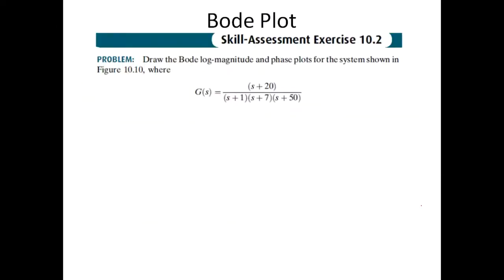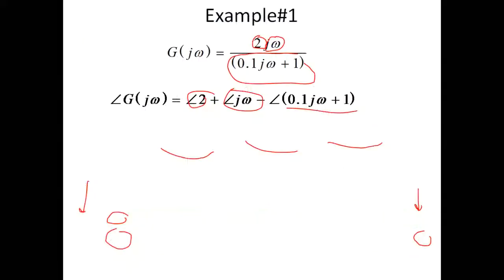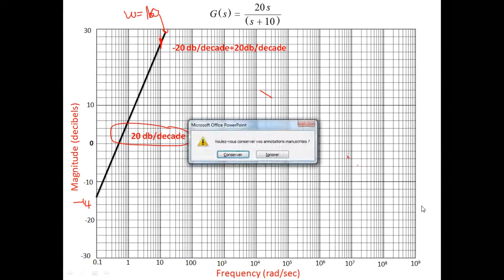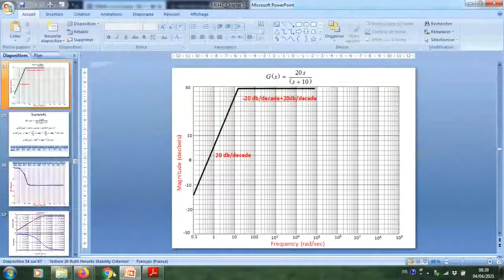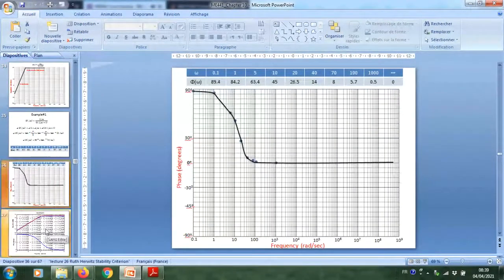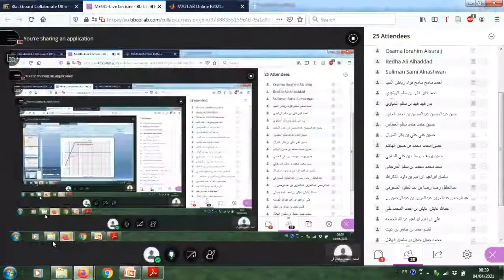So let's see how to use MATLAB. The function is 20s over s plus 10.